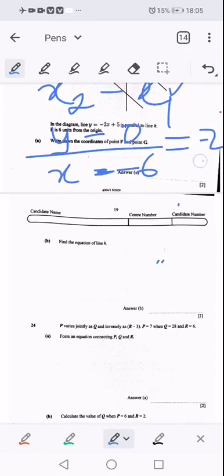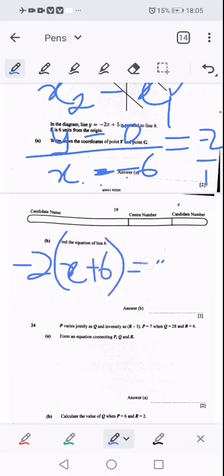We are left with cross multiplication. So -2 multiplied by x minus -6 gives x plus 6, equal to y. Simple. Right, -2 times x is -2x, and -2 times +6. Why?